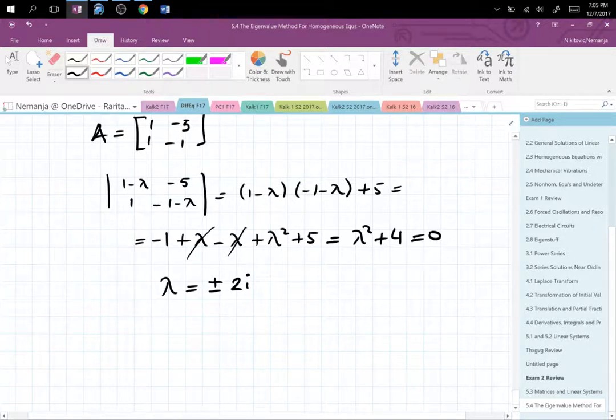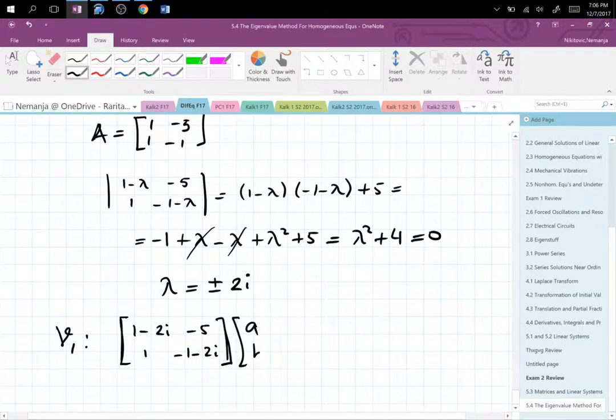All right. So we have a v1. V1 is going to have 1 minus 2i, negative 5, 1, negative 1 minus 2i. So this is when we plug in this value, and we are multiplying this by a, b to get 0, 0.